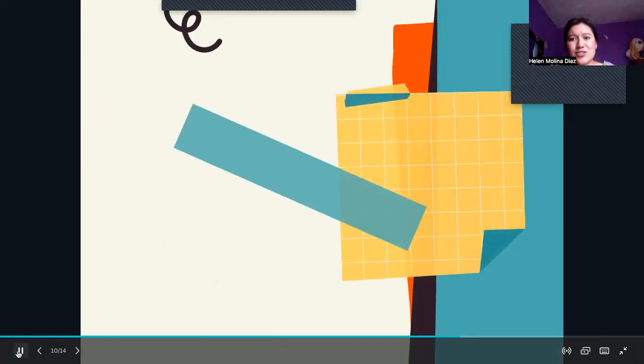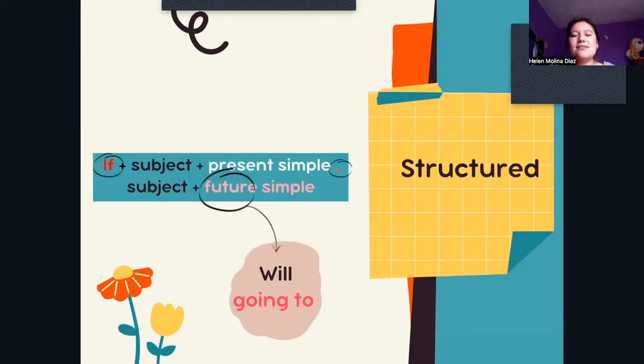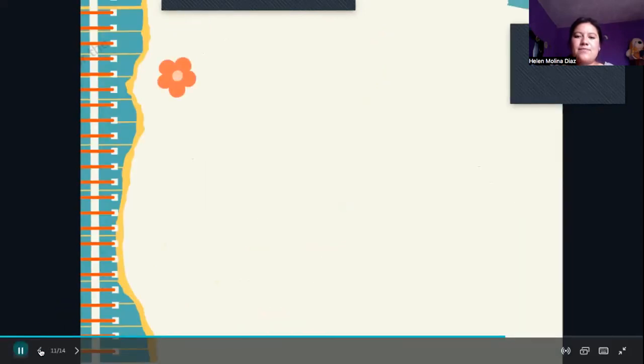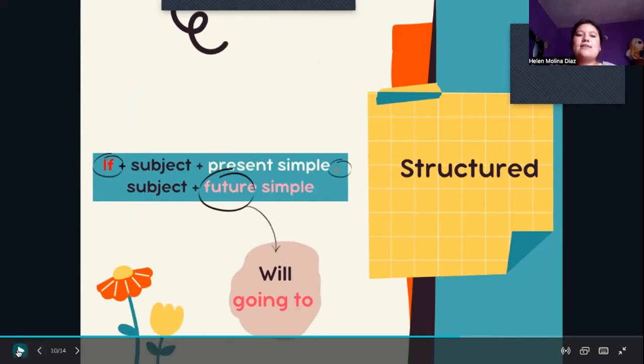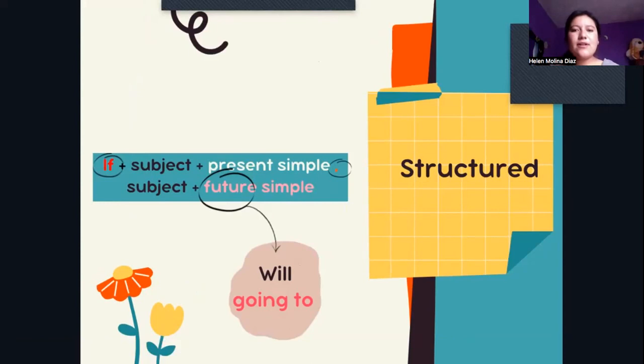What are the use and structure? In the first conditional, the structure is: if is the condition, subject, present simple, comma, the separation of the condition, subject. Different from the zero conditional, the first conditional uses the future simple.